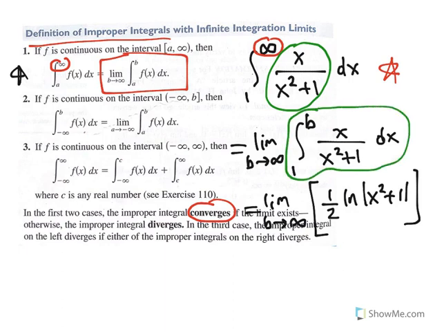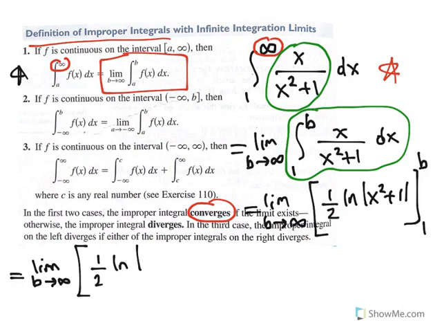You use the fundamental theorem of calculus. So you're going to write b for your upper limit of integration and 1 for your lower limit of integration. And using the fundamental theorem of calculus, we may write the following. The definite integral is going to be 1/2 times the natural log of the absolute value of x squared plus 1.